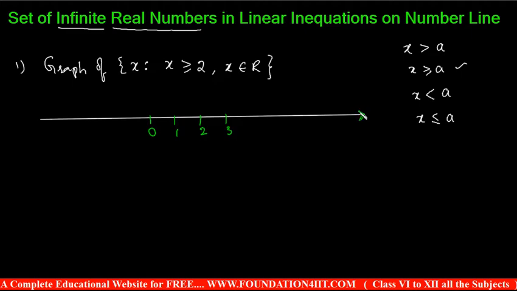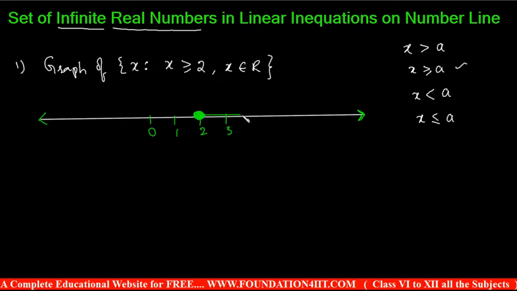Keep an arrow mark. So here the x value is greater than or equal to 2. That means 2 is also included, and more values. Because 2 is included, we keep a dark circle. Not only 2, but all the values till infinity.